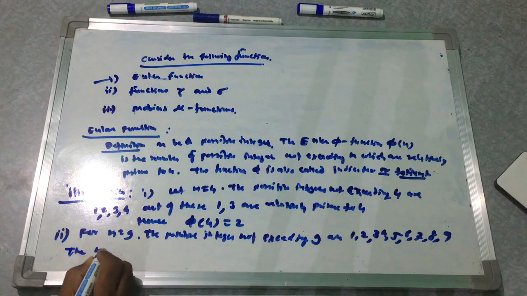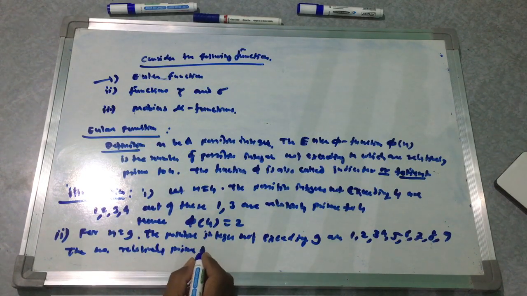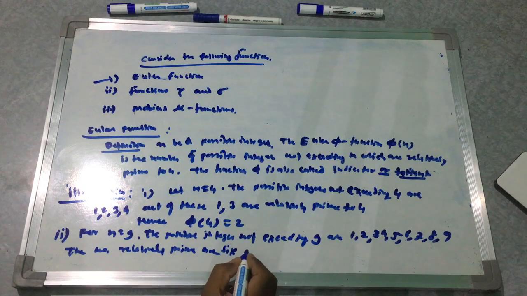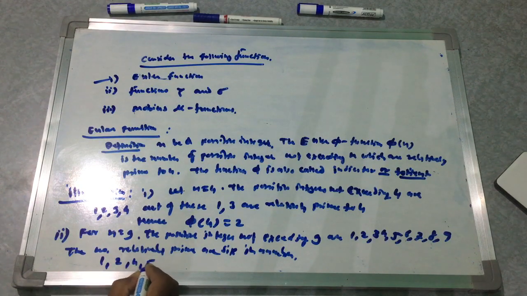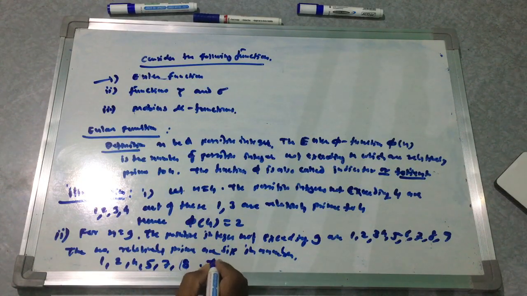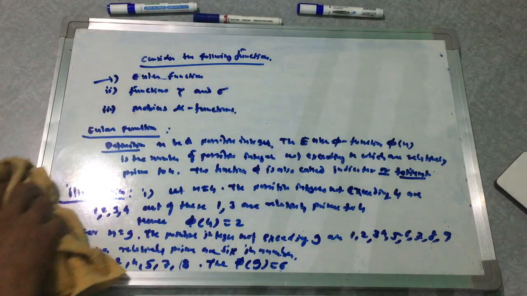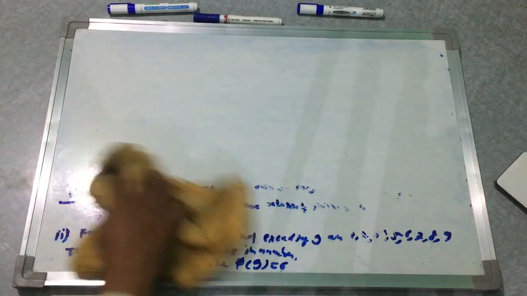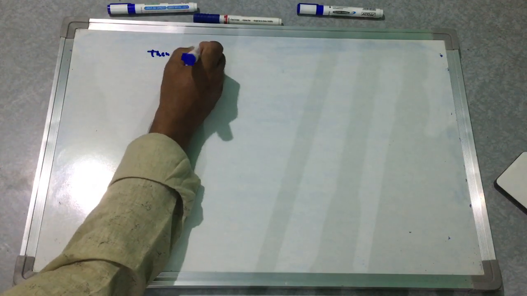The numbers relatively prime to 9 are 6 in number, that is 1, 2, 4, 5, 7 and 8. Then phi of 9 is 6.